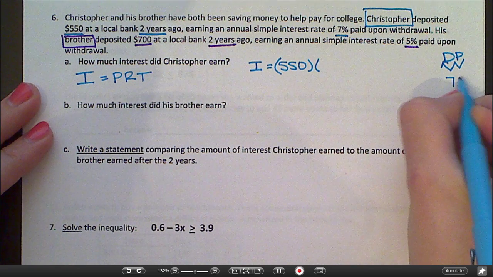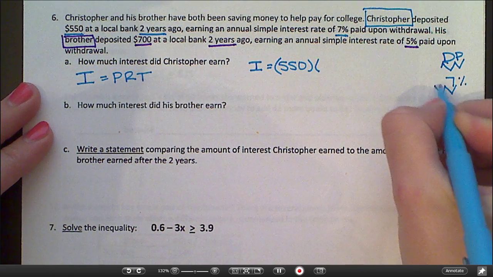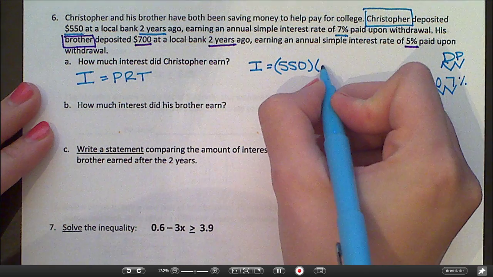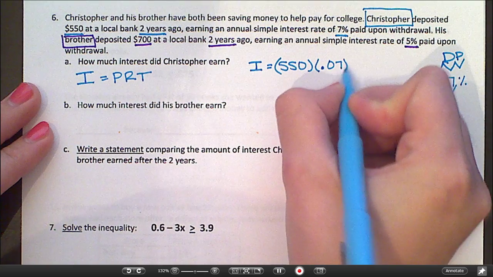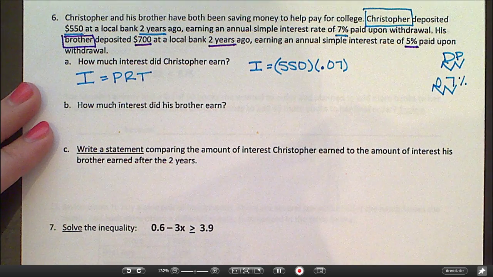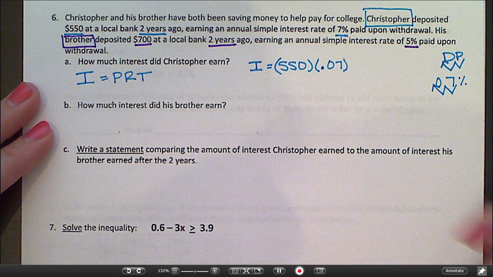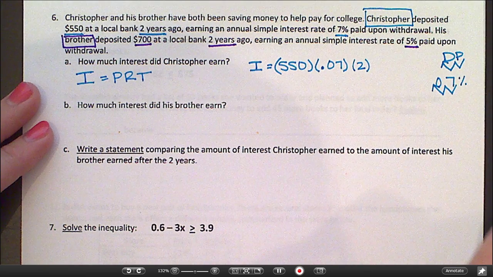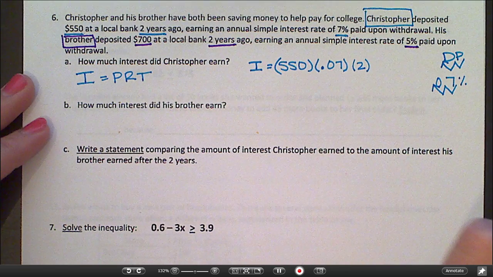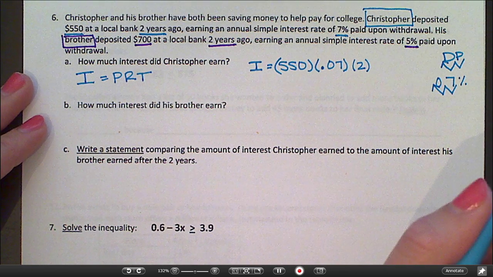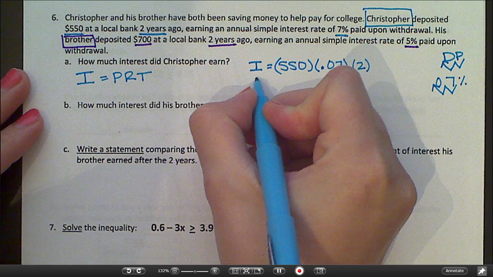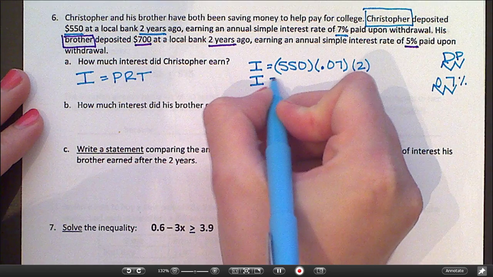So 7% becomes 0.07 or 7/100. So I'm multiplying by 7/100, and then my time is 2 years. Is the percentage always the rate? Yes. The percentage is always your rate. Okay.